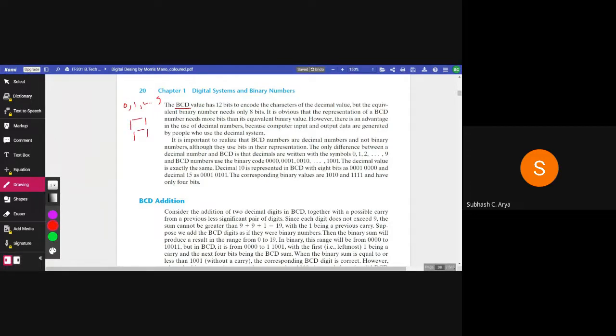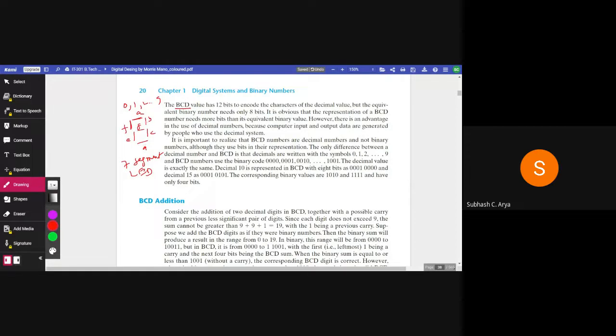So you must have seen on your calculator, on your digital display. Suppose you go to a railway station, you might have seen these kinds of symbols. These are nothing but 7 segment LEDs, light emitting diodes. So in this 7 segment display, A, B, C, D, E, F, G. How many are there? 1, 2, 3, 4, 5, 6, 7.